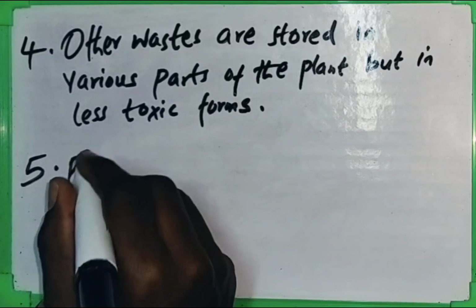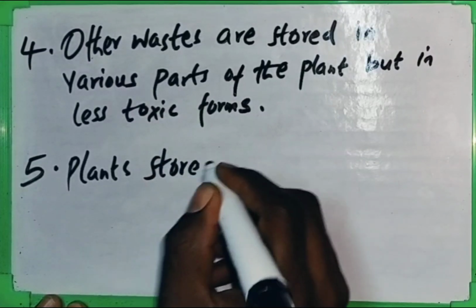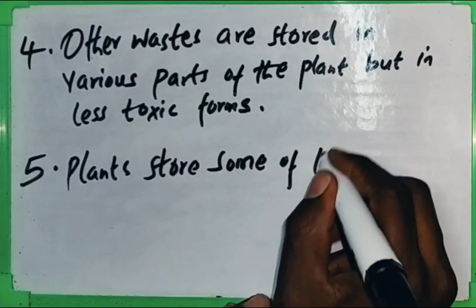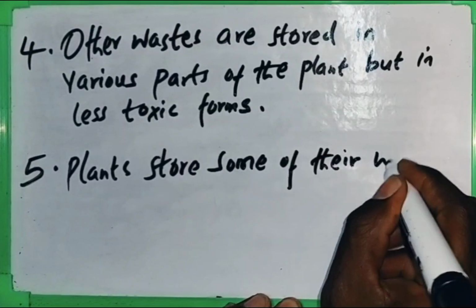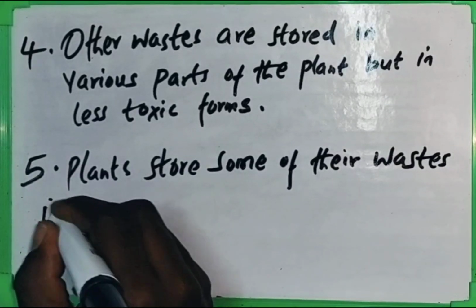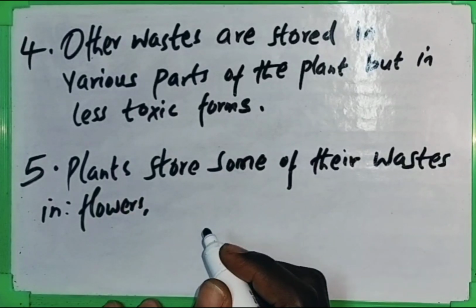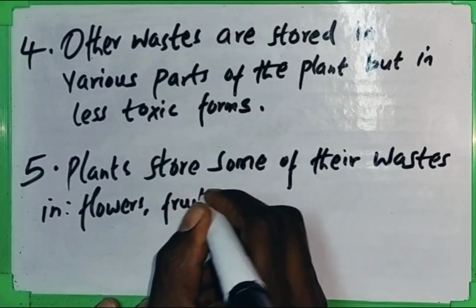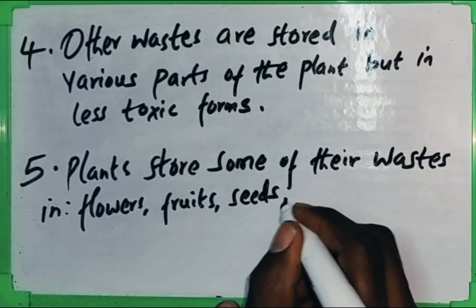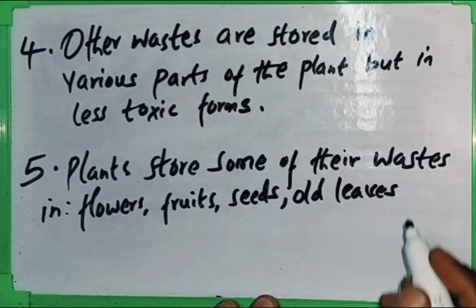Plants store some of their wastes in flowers, fruits, seeds, old leaves, and barks.